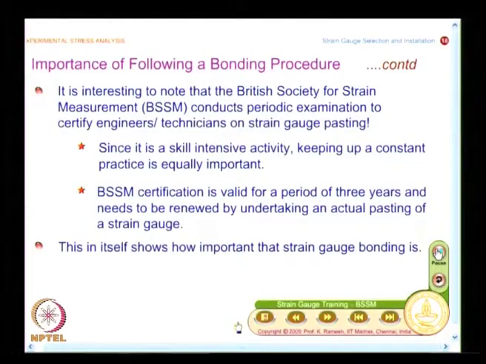The very fact that a professional society conducts an examination indicates how important the strain gauge bonding procedure is. And you should also note that it is a skill intensive activity, and any activity that involves skill, you need to keep doing it. So, keeping up a constant practice is equally important.